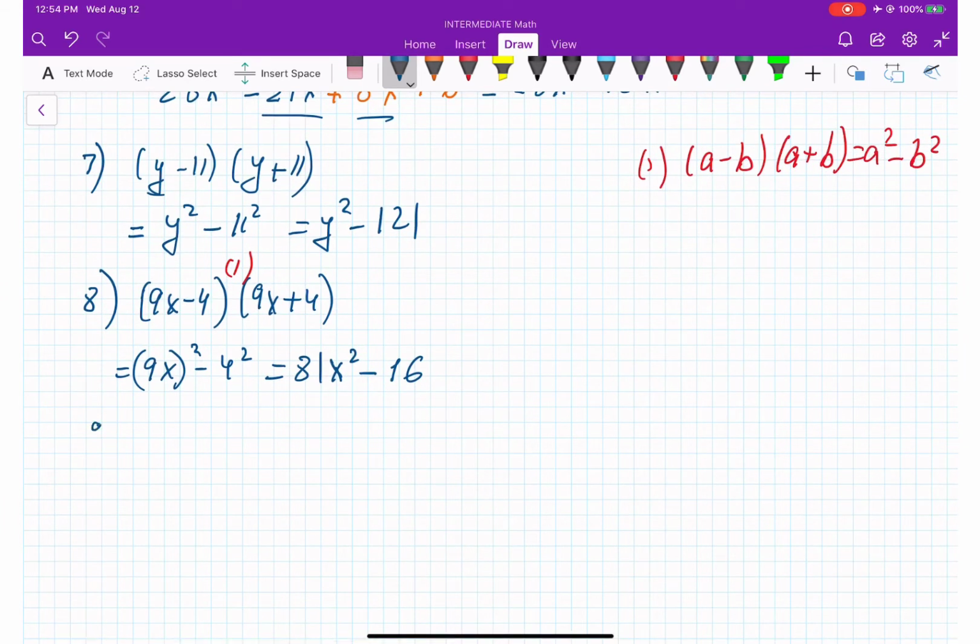Problem number 9. 4x plus 5y times 4x minus 5y. All right, again, we are applying formula 1.